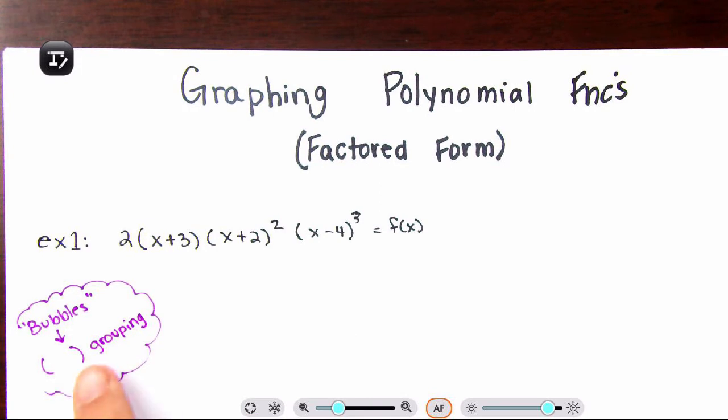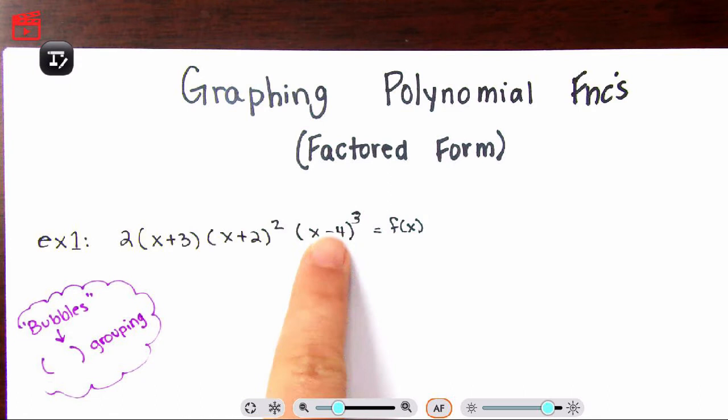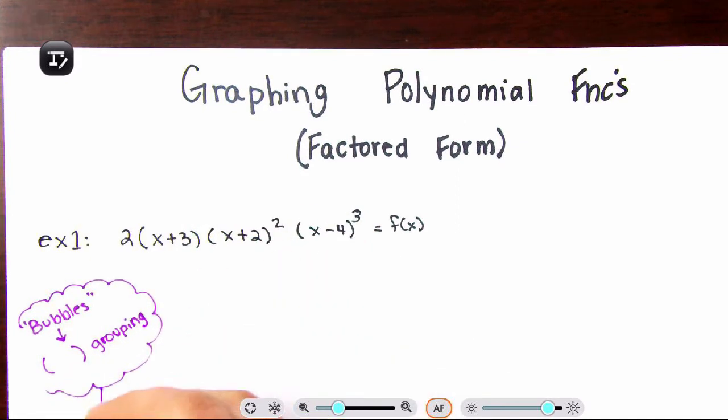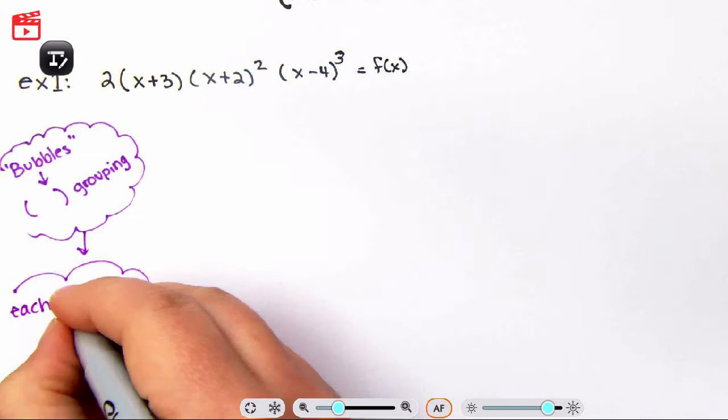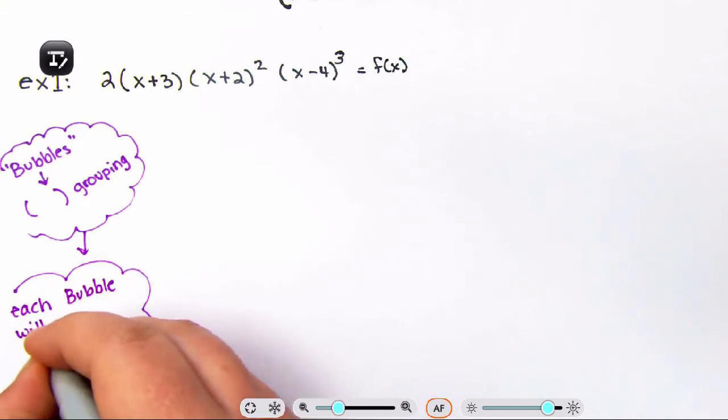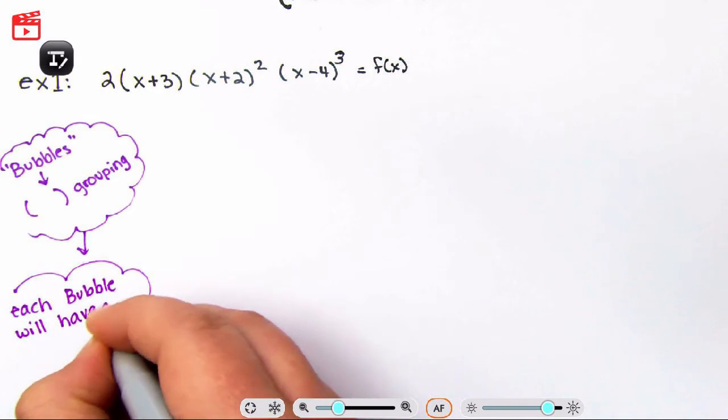So I have one bubble here, I have one bubble here, I have one bubble here. So each bubble will have an exponent. Each bubble will have an exponent.